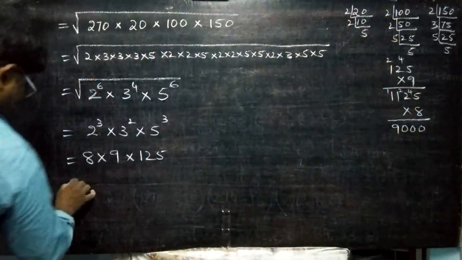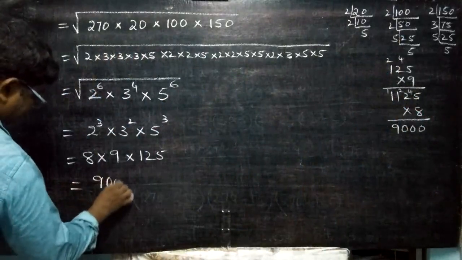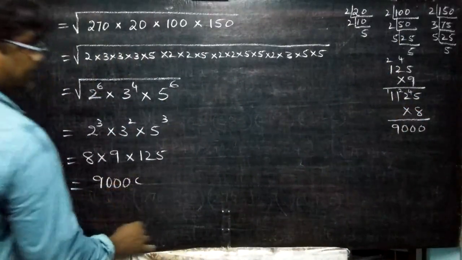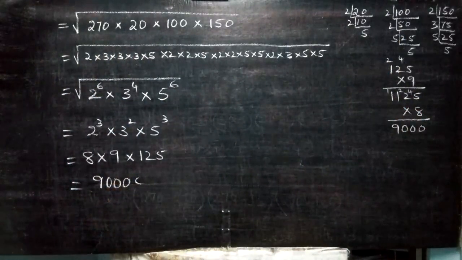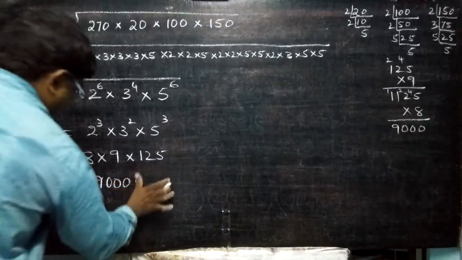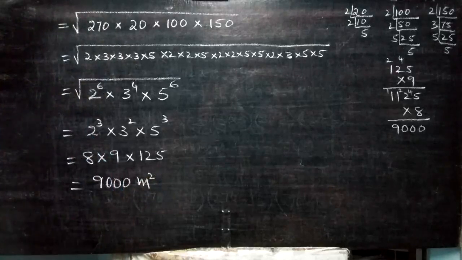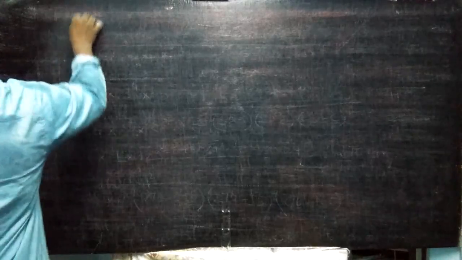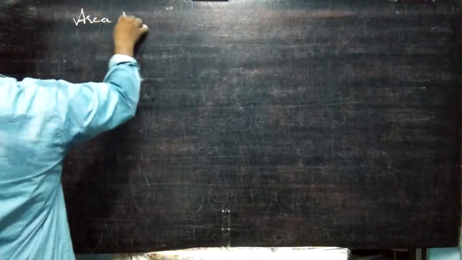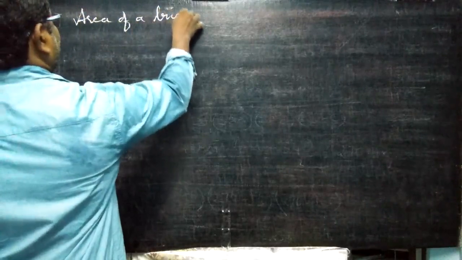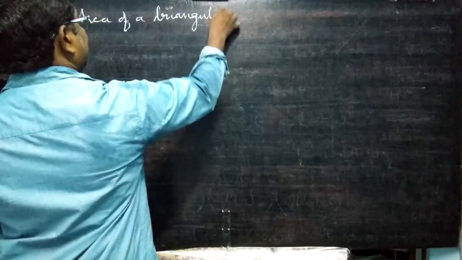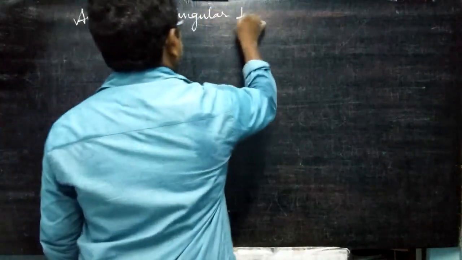How much did we get? 9,000. 9,000 what? Meters square. Meter square. This is the area. Still we have to do more. Now we got the area of the triangular field. How much did we get? 9,000 meters square.